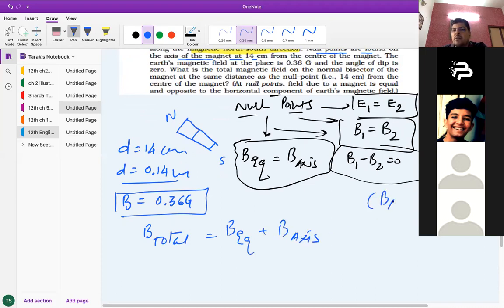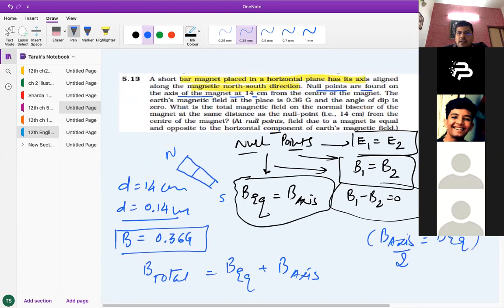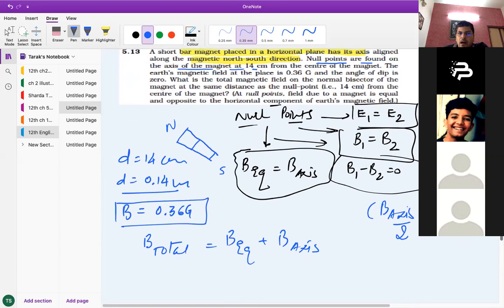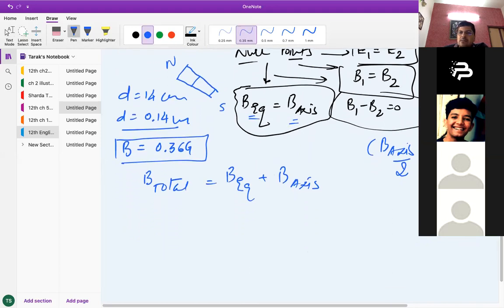But we are aware that B of axis by 2 is equal to B of equatorial line. See, in the example, they haven't mentioned the magnetic dipole moment. If it is mentioned, તો આપણે magnetic dipole moment નો use કરીને B of axis find કરે, પણ અહીં કોઈ જરૂર નથી. અને બંને માટેની value તો ઇક્વલ. પણ ઇક્વલ ક્યારે થાય કે જ્યારે axis by 2 કરો ત્યારે એ ઇક્વલ થાય.